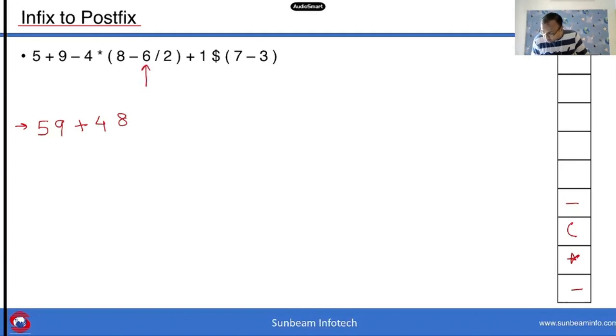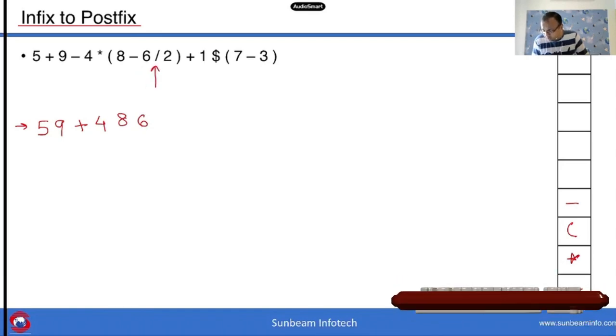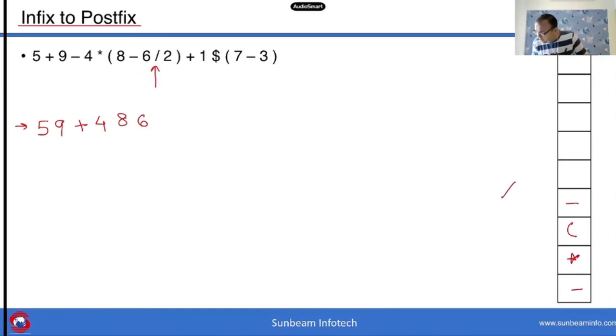You continue further. We have got a 6. You put it there. It's a division. The priority of this is not greater than or equal to the priority of this. Since it is not, just put it onto the stack. You continue further. We have got, let's say, 2. You append it. Again, we have got a closing parenthesis.